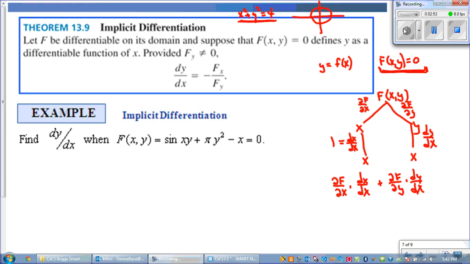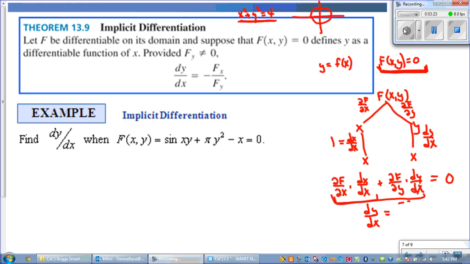Now, I'm starting with this equation, and now I'm differentiating both sides. This is the derivative of the left side, and now the derivative of the right side would just be 0. So I'm using this tree diagram and the derivative of that implicit function to solve this now for dy/dx. So take this to the other side.